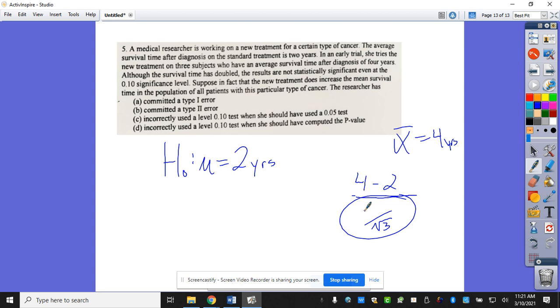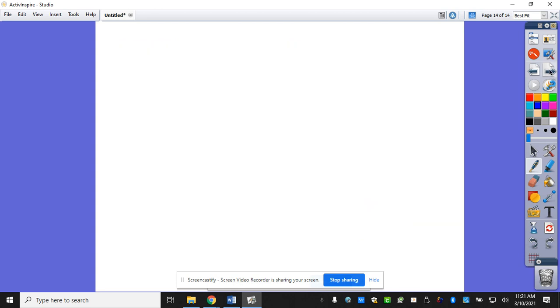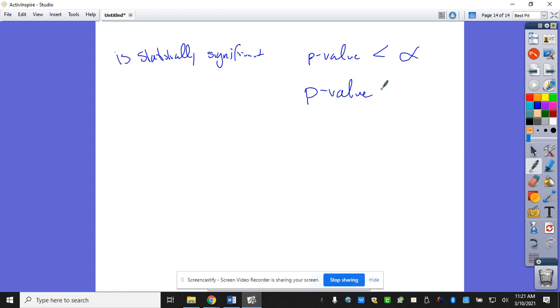So our results are not statistically significant, which means we initially did what? If they're not, when is it statistically significant? In this one, it was not statistically significant, so our p-value was not less than alpha.